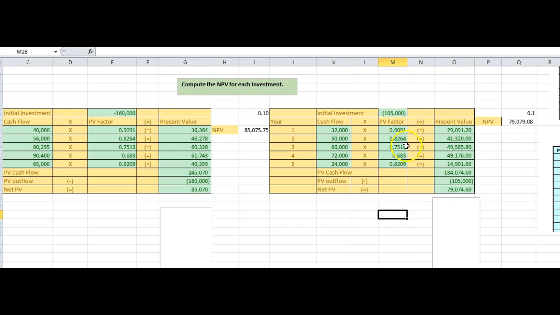So again, you take the factors I found in the second table, multiply them out, and come up with a positive cash flow. Subtract what it's going to cost us initially, and come up with a net present value of 79,743. When you do it with Excel, again, you're just using the range because it will calculate this for you. Otherwise, you're going to have to multiply each one of them out by a different factor.